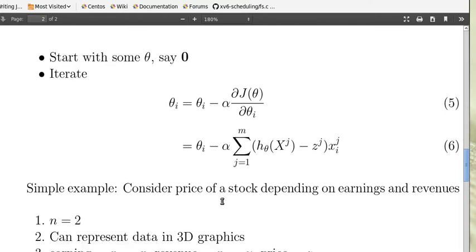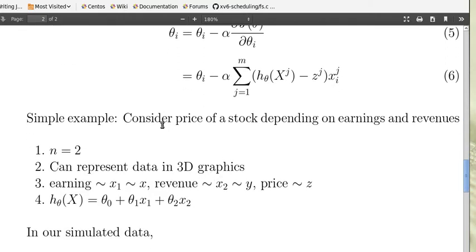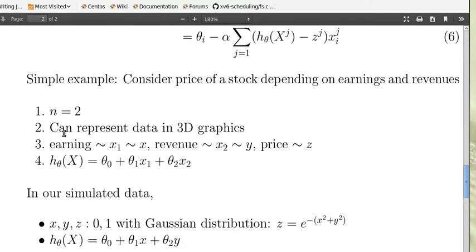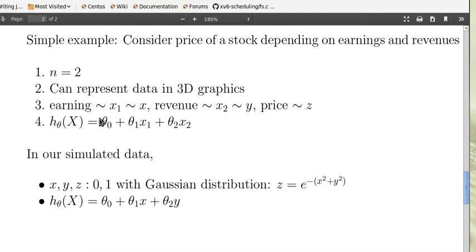So we consider a simple example. In the example, we consider, for example, the price of a stock that depends on the company's earnings and revenues. So that means we have two features or two parameters. So in this example, n equals 2, and we have one output. So we can represent the data in 3D graphics. In the example, the earning is x1 and can be represented by x.